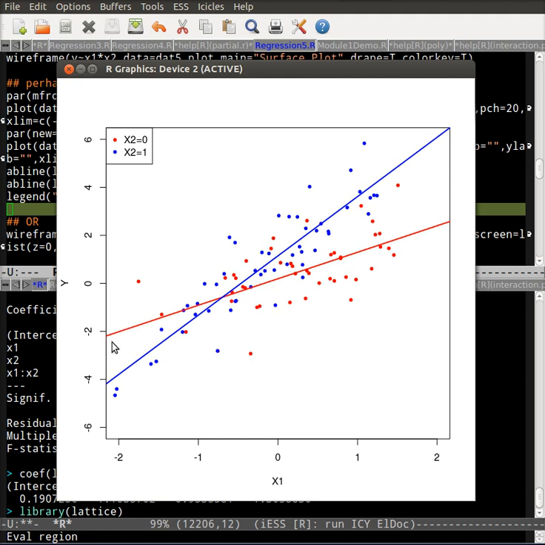Well, remember in simple slopes and simple intercepts that we found that if there's a significant main effect for the moderator, that there will be a difference in the intercepts. And if there's a significant interaction, that there'll be differences in the slopes.